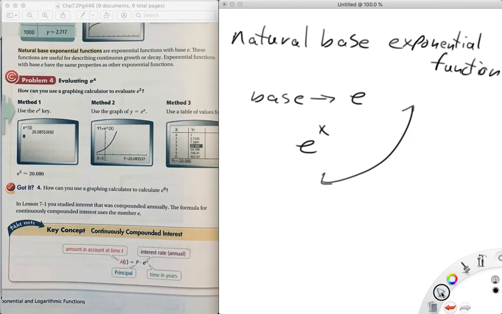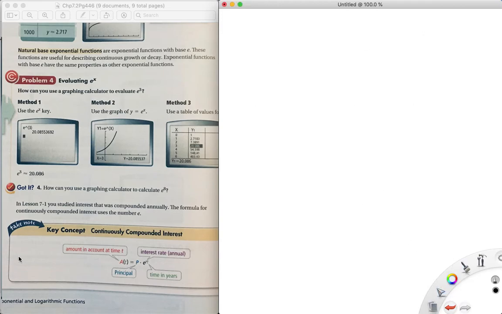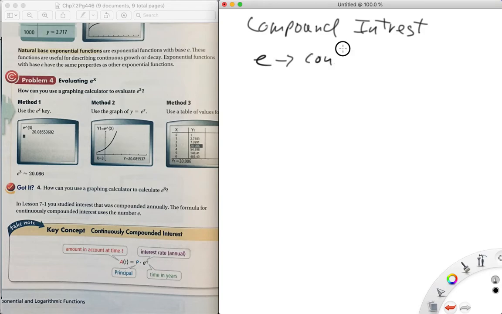But it is calculated the same way, and again, it's used a lot in money, and they call it compound interest. In this case with e, it's compounded continuously.